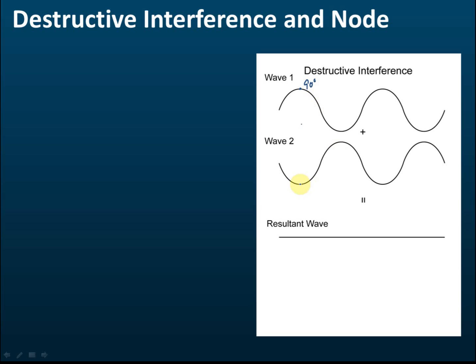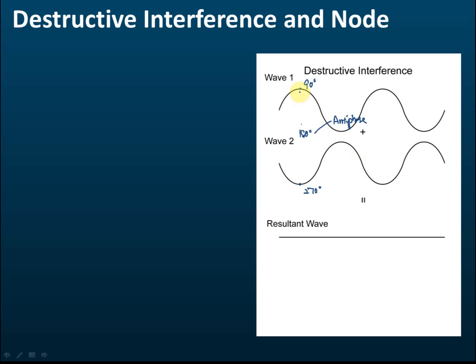And for wave 2, the phase at the trough here is 270 degrees. So the phase difference between these two waves is 180 degrees. 270 minus 90, we get 180 degrees. And if the phase difference is 180 degrees, then we say these two waves are antiphase.